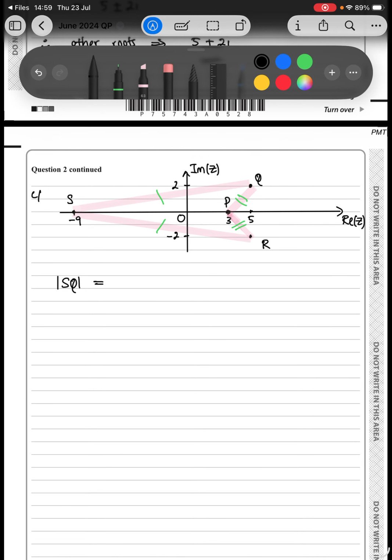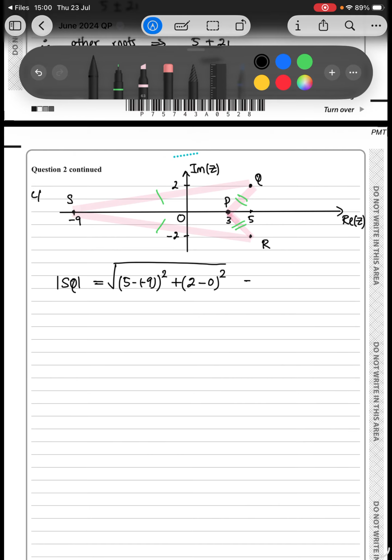So the coordinates of Q, we can take as 5, 2, and coordinates of S as minus 9, 0. So it's going to be the square root of 5 minus minus 9, whole thing squared, plus 2 minus 0, whole thing squared.